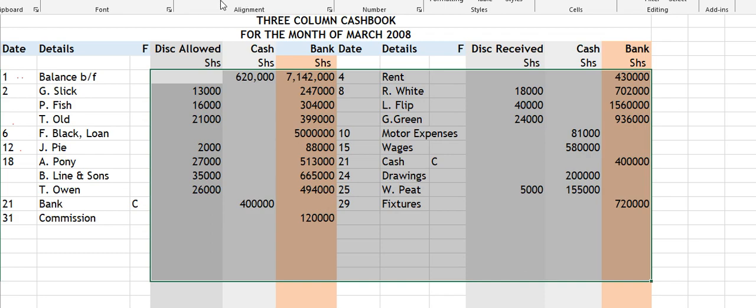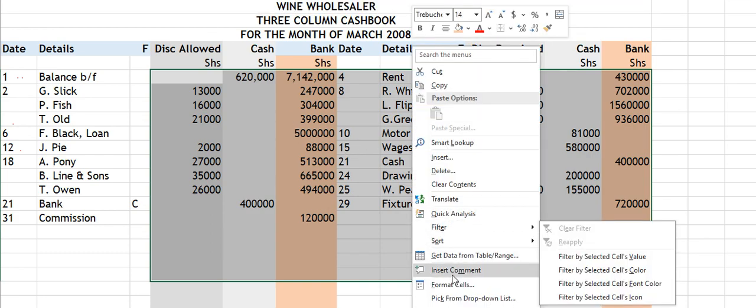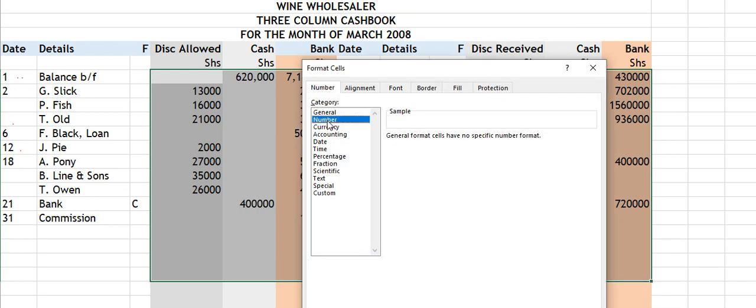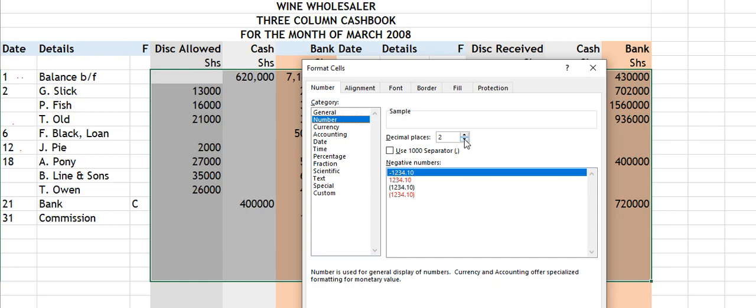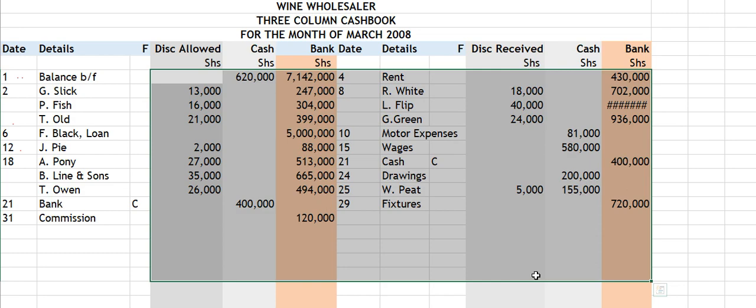You should know how to balance off the cash book. If you don't know, try to check my previous videos. You'll see how to balance accounts. So I'm going to show you how to balance the accounts.